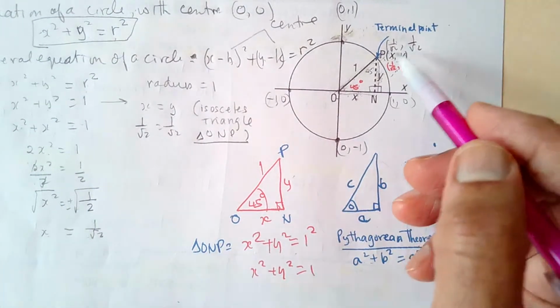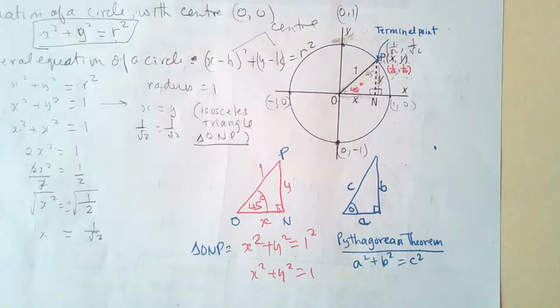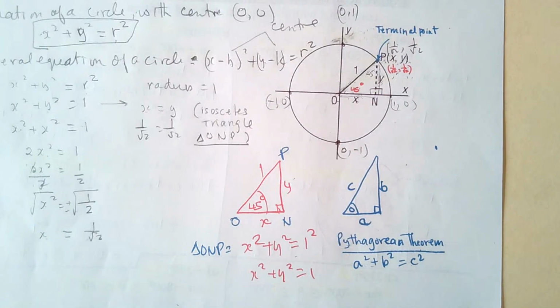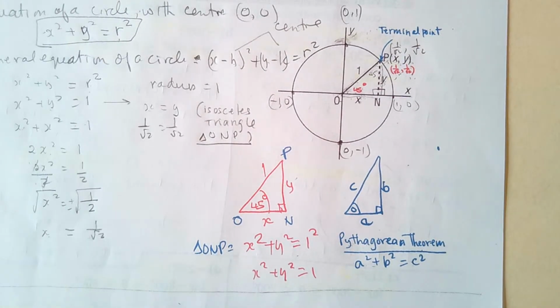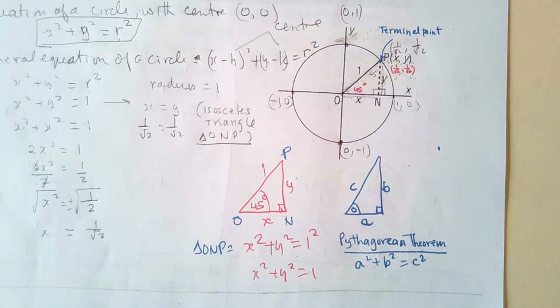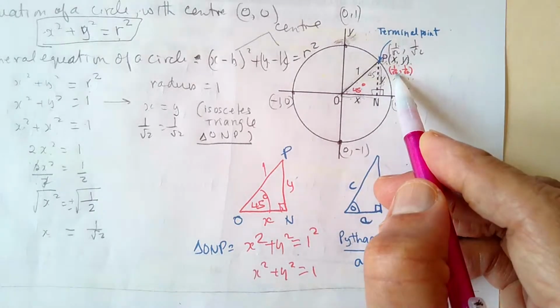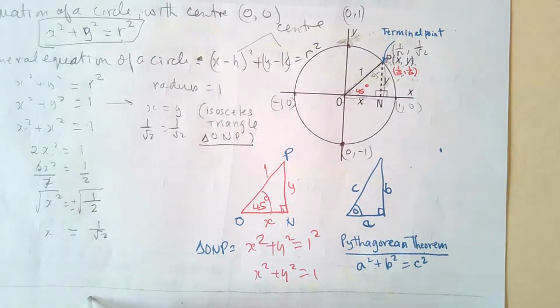So now we've established the point P(x, y) as 1 over root 2, 1 over root 2. Now, we can conclude from this here. We talk about a reference triangle. If you were to divide, now here we have our reference triangle.